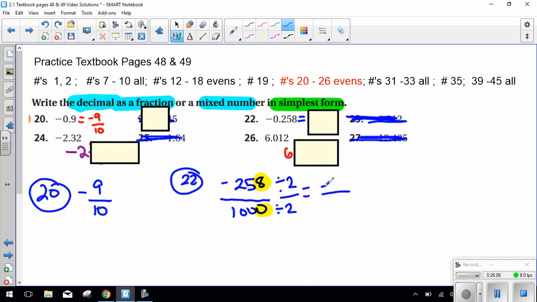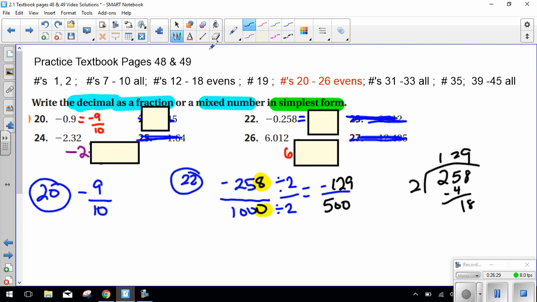Just don't lose the negative. So 258, I don't know what half of that is, so I'm going to take it and divide by 2. Half of 2 is 1. 2 goes into 5 2 times, and 2 goes into 18 9 times. So I get 129. Half of 1,000 is 500.